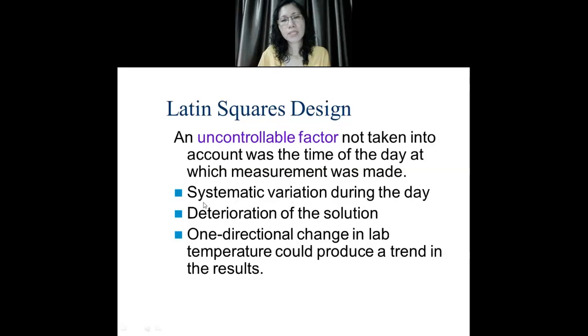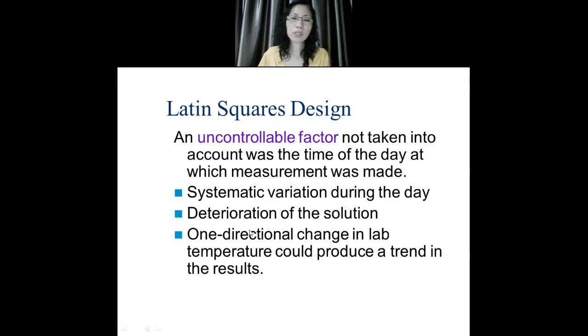So, for example, systematic variation during the day, deterioration of the solution that you make in the morning: after 9 o'clock, 10, 11, 12, as time goes on, the solution may deteriorate. So the time of the day at which you do the experiment is important as well.